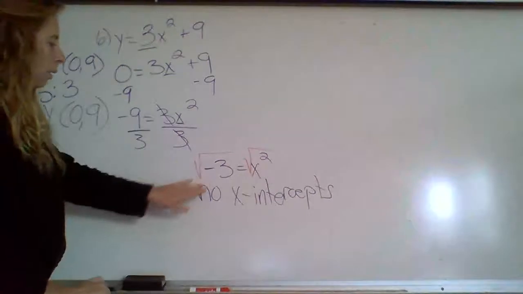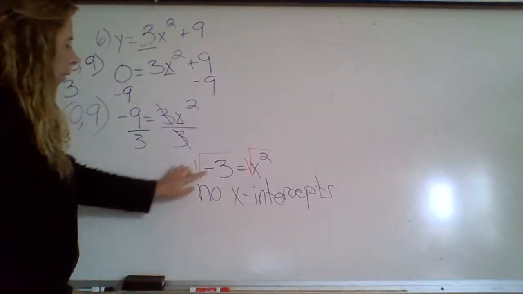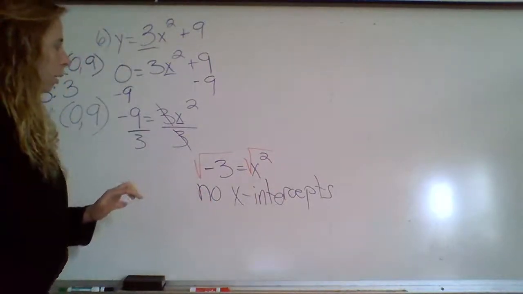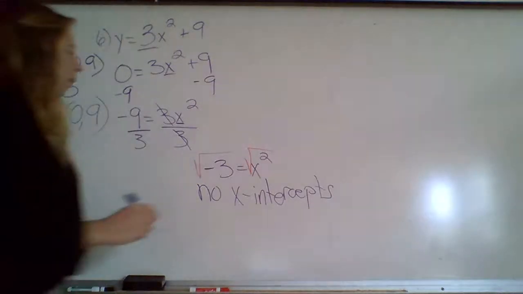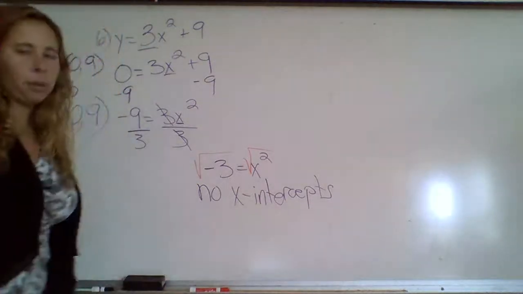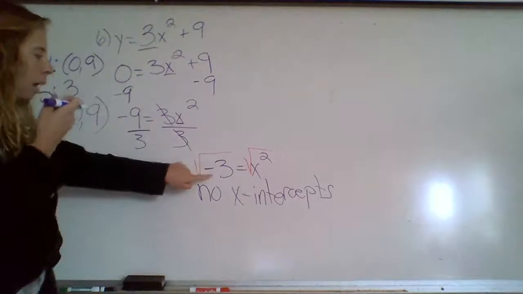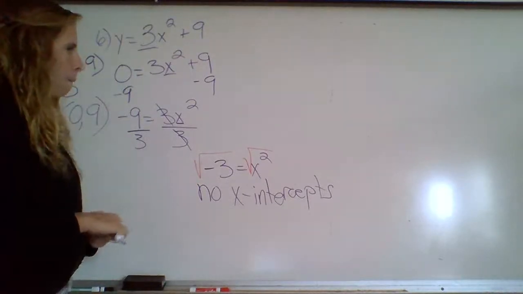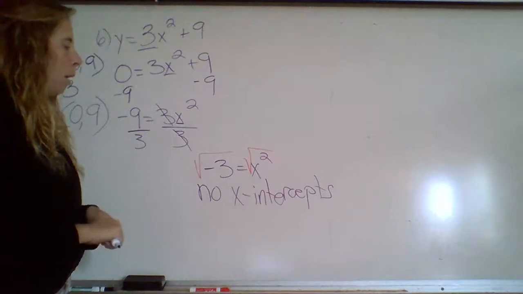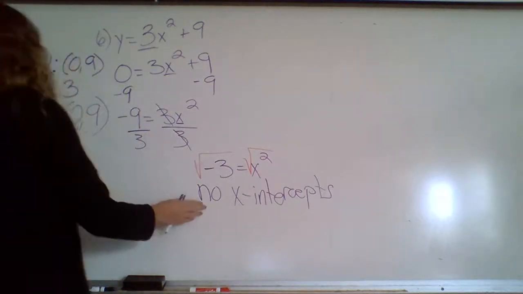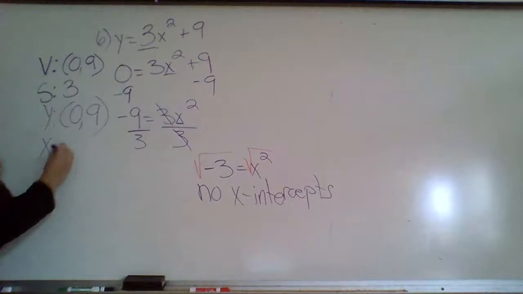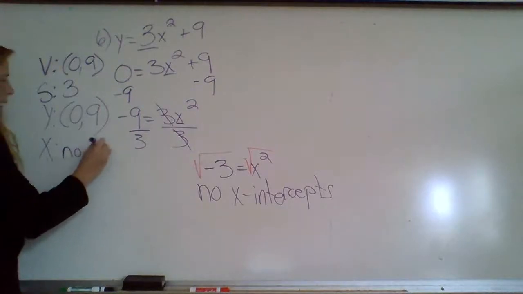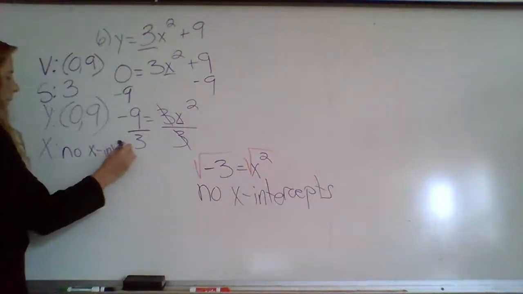So there's not going to be any x-intercepts. The square root of negative 3, you can't do it. If it was positive 3, you could do it. It would just give you a decimal. But you cannot take the square root of a negative number. Okay, so this one has no x-intercepts. So you could write no x-intercepts.